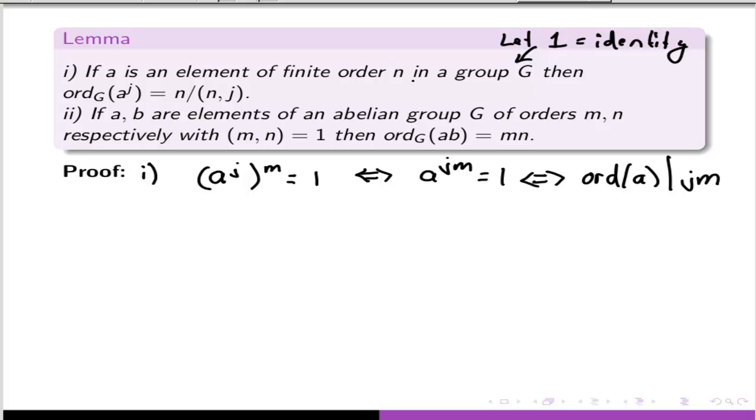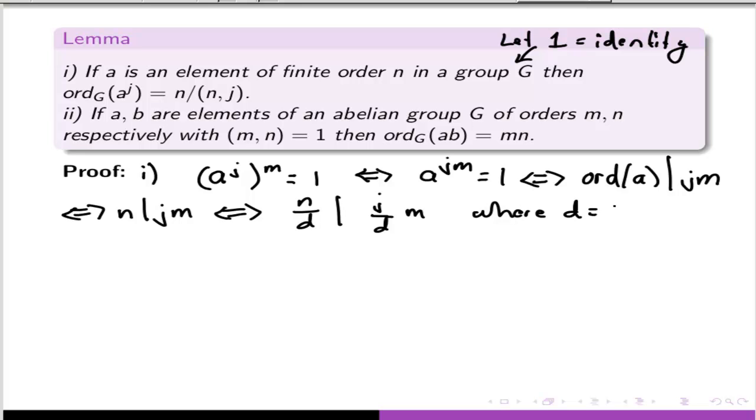And I gave a name. The order of A is denoted by n. Okay, so that's equivalent to saying n is a divisor of Jm. And then let's give a name to this GCD. Let's call that D. And I'll just divide both sides by D. So I divide n by d and I divide j by d, and then we would get n over d is a divisor of j over d times m.